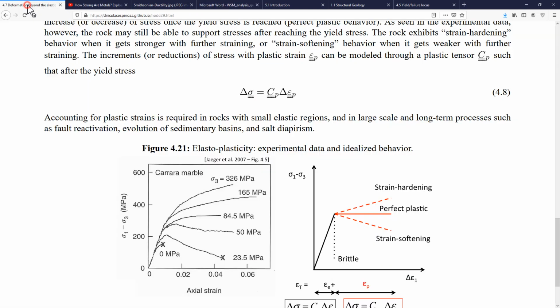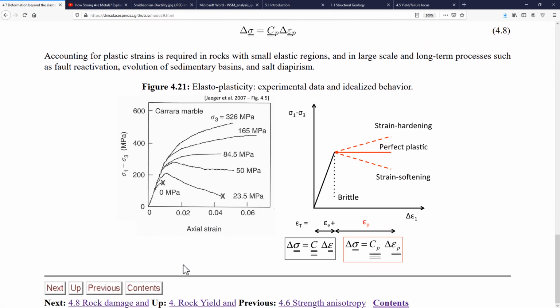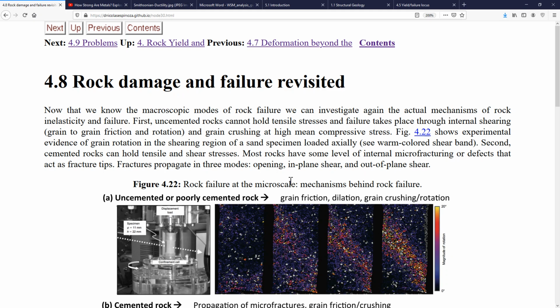All right, now that we have all this knowledge about how rocks fail and what happens beyond the elastic point, let's go to the next topic, which is taking a look again at why rocks fail and how rocks fail.